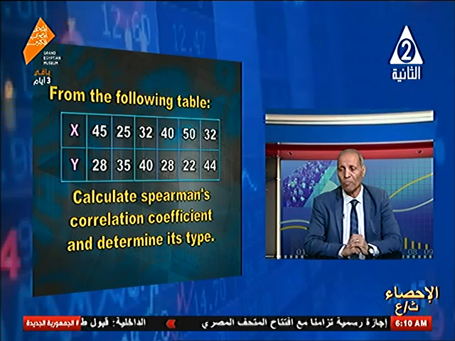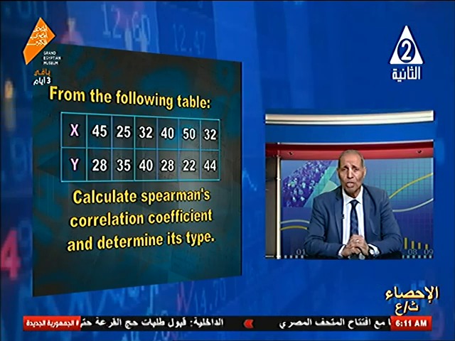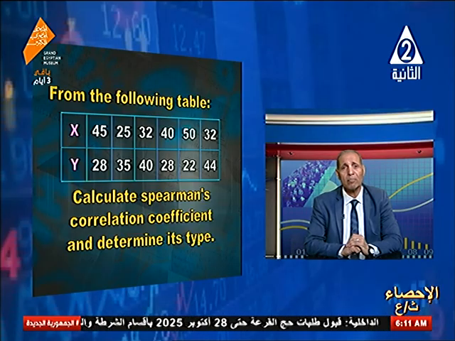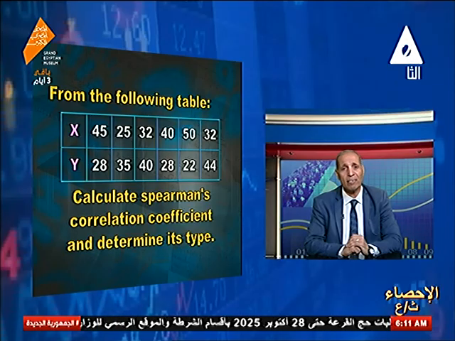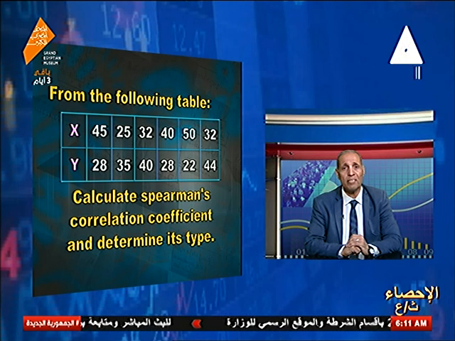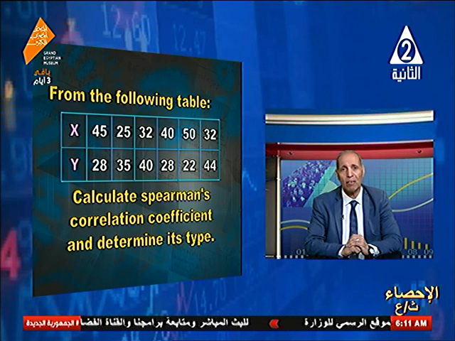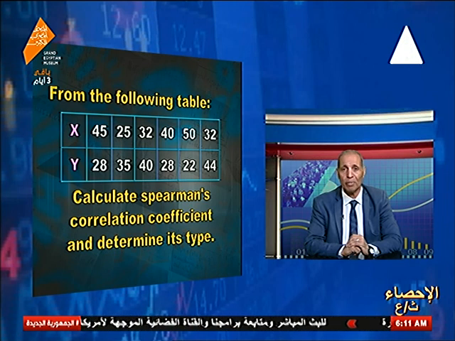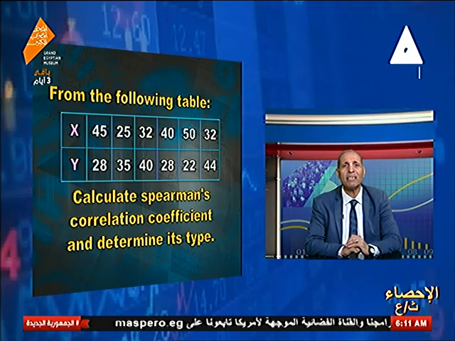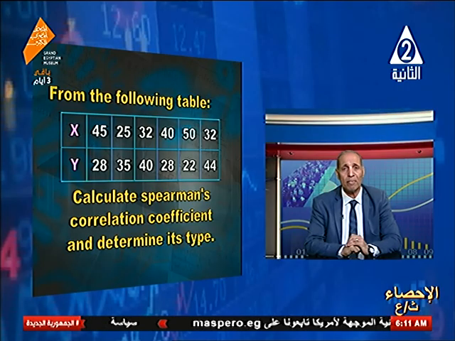My dear student, in this example, we know that Spearman rank R equals 1 minus the fraction with numerator 6 times the sum of D square over N multiplied by the bracket N square minus 1. What is D square? D square means the square of the difference between rank X and rank Y. What is the meaning of rank X?